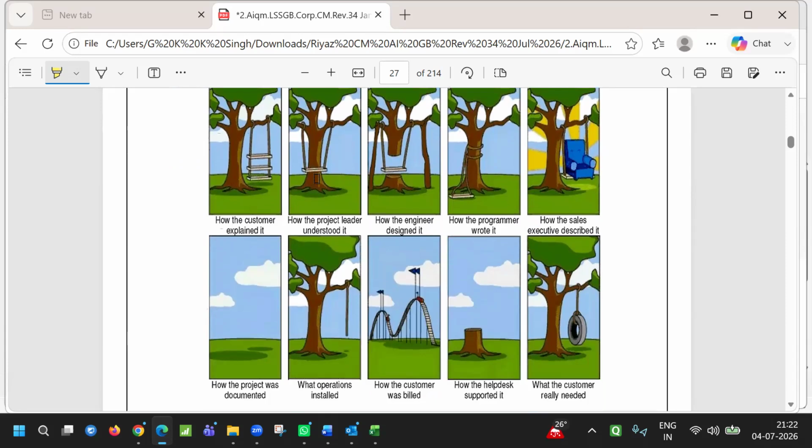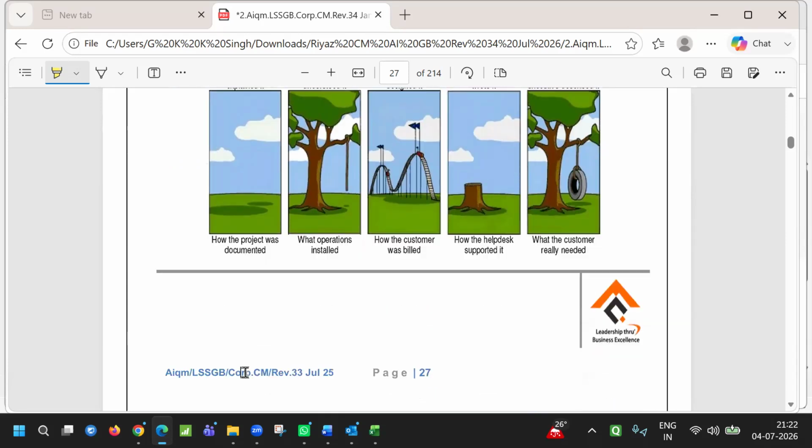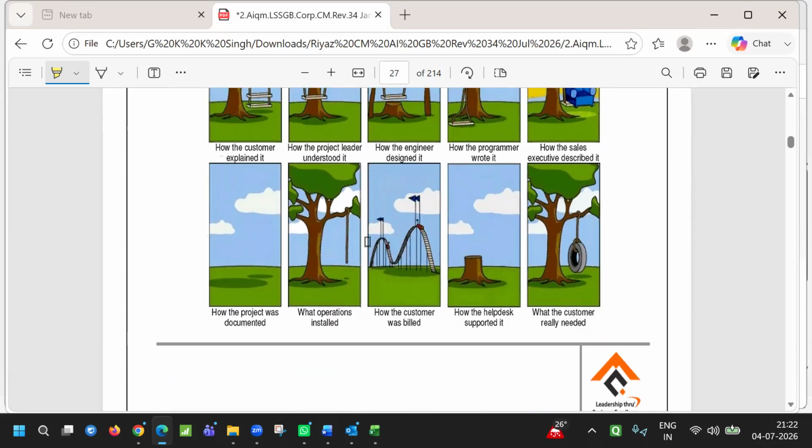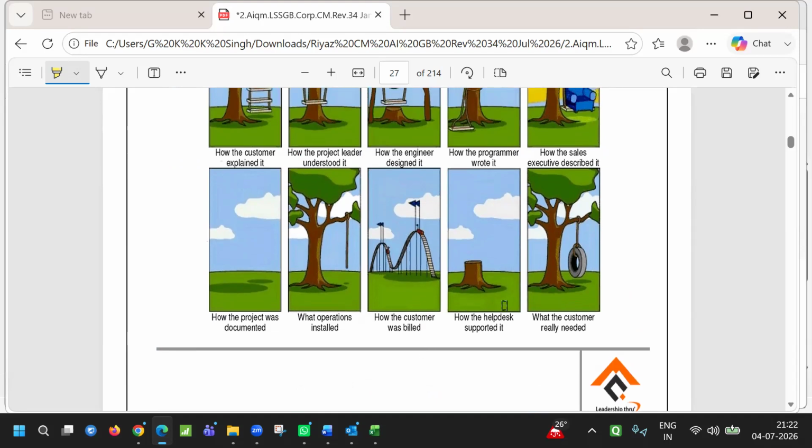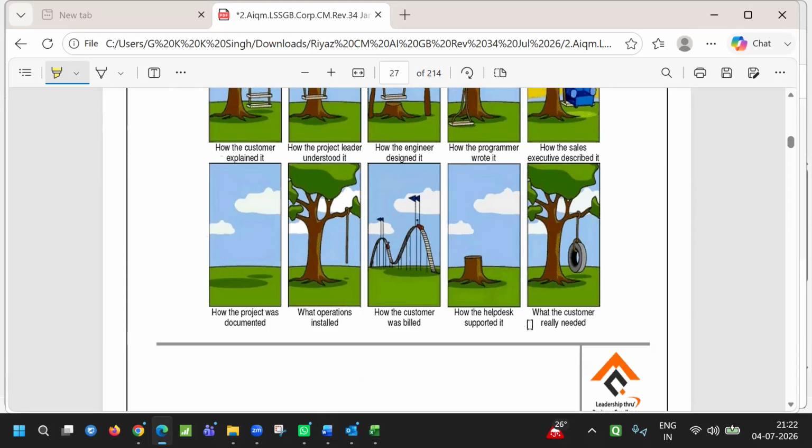What the customer explained, what the project leader understood, how the engineer designed, how the programmer wrote the programs, how the sales executive described the project, how the project was documented, what operations installed, how the customer was billed, how the help desk supported, this is the support quality, and what the customer really needed.